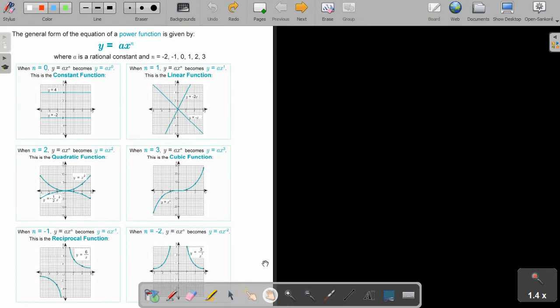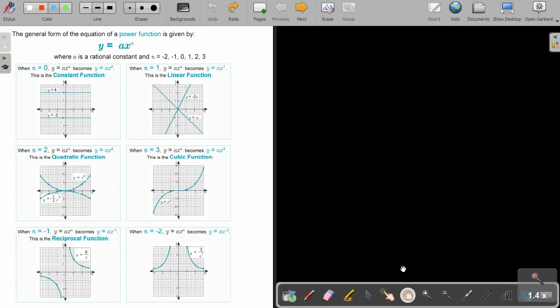Parabola, hyperbola. And then this one, when n is -2, not -1, -2, it becomes a graph. I don't want to say it looks like this, but it's not in say 1 and 3 or 2 and 4. It's actually like in 1 and 2 in this quadrant. And the shape also differs a little bit. Okay, but we will look at that.